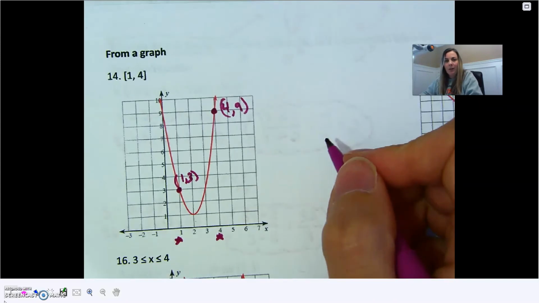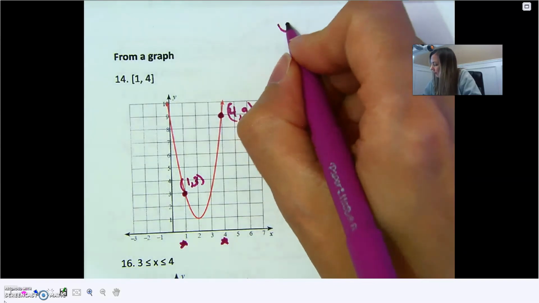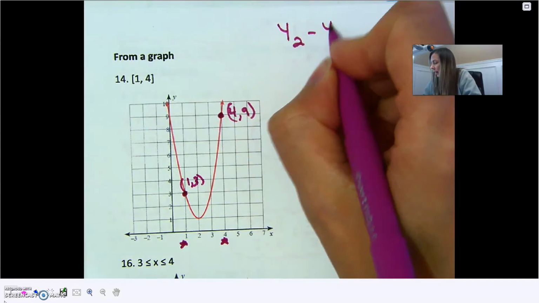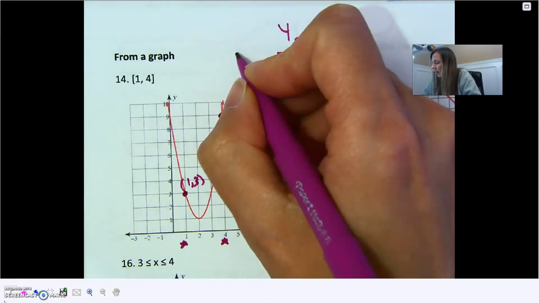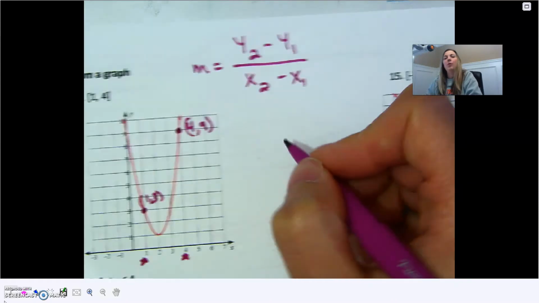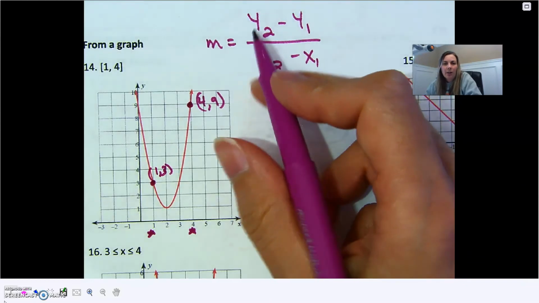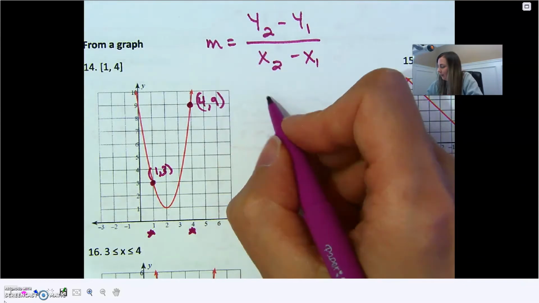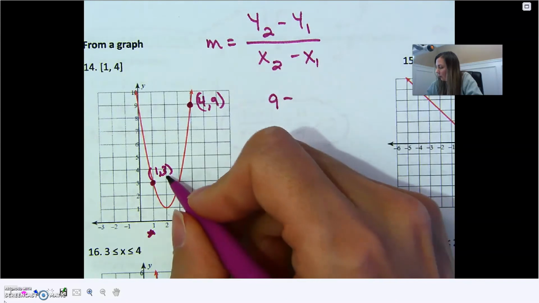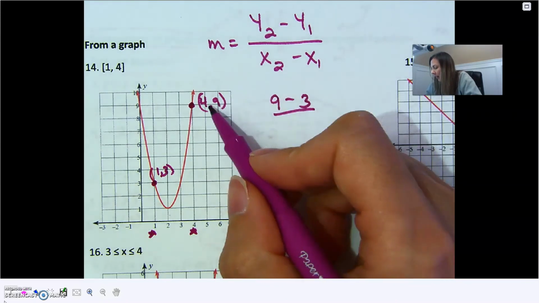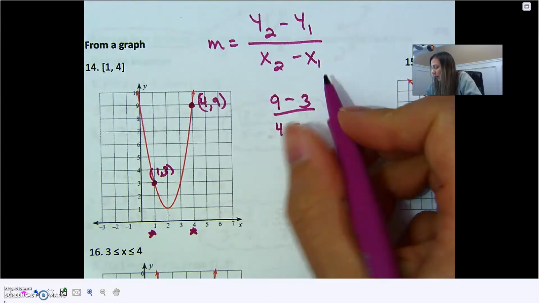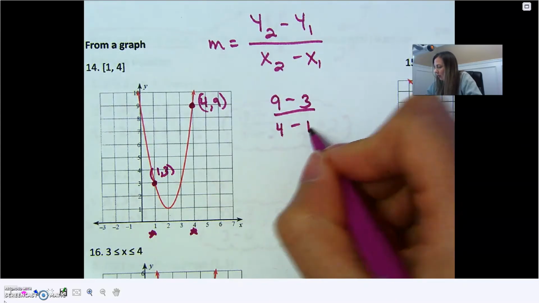Let me rewrite the slope formula here so you don't have to flip. Y to the sky. So y2 minus y1. And then the x's go on bottom. All right, so there's your rate of change formula. Okay, so our second y is 9 minus our first y is 3. Then we do the x's. Our second x is 4 minus our first x, which is 1.